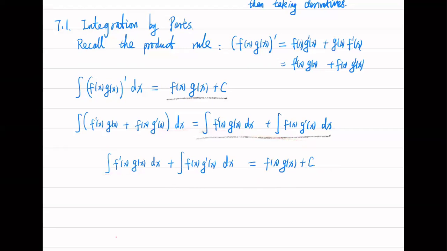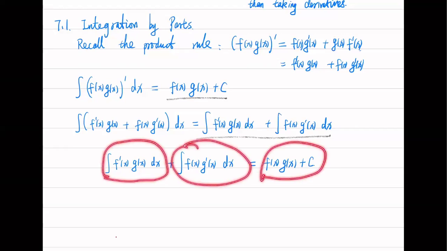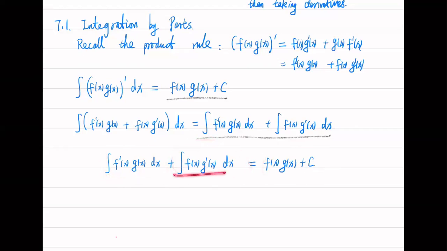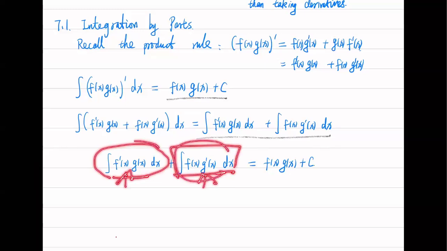So here we have two integrals. Sometimes one of them is easier to integrate. Most of the time, this one could be very difficult and this one could be very easy. Then the integral of this will be this total thing subtract the easy one.